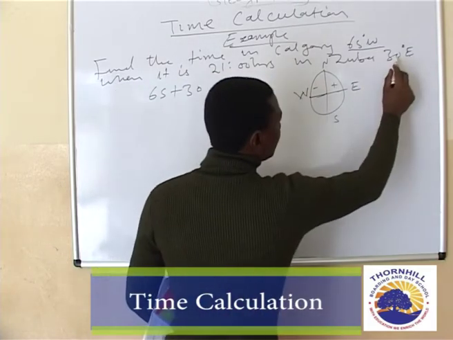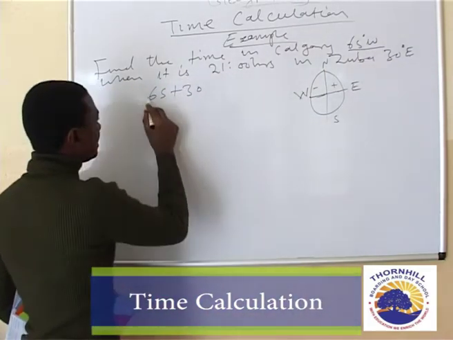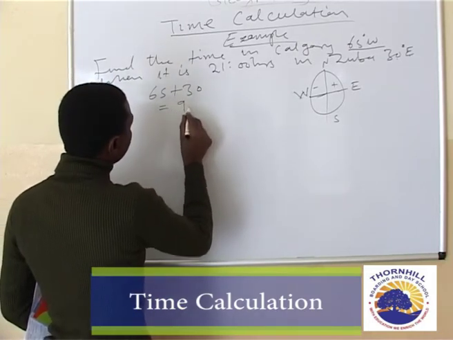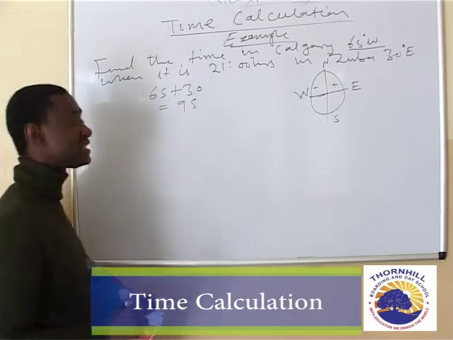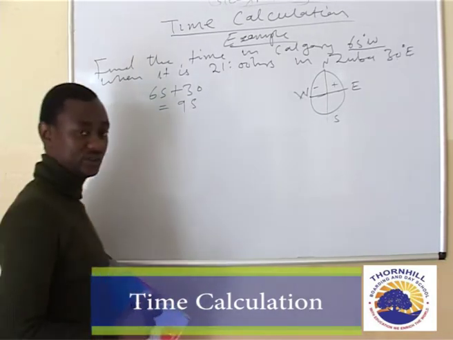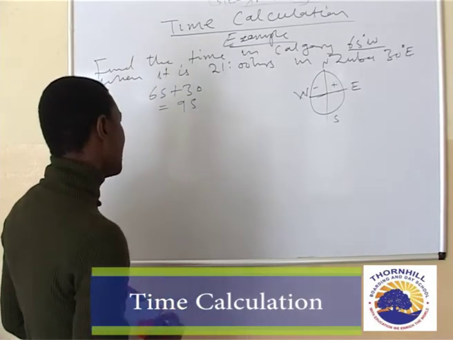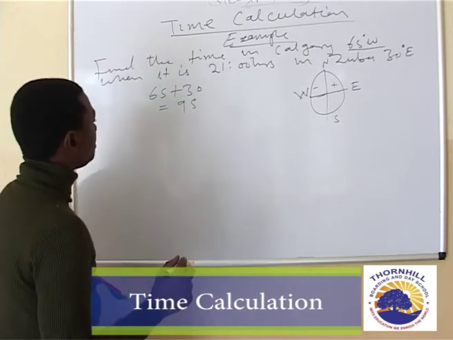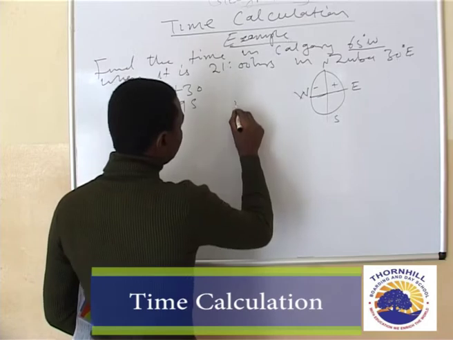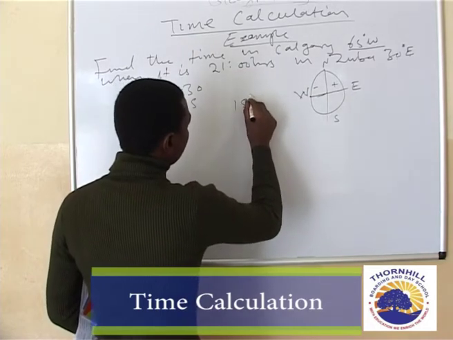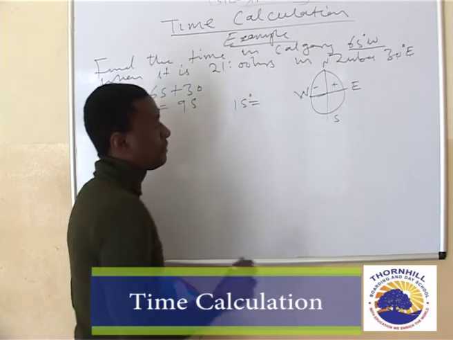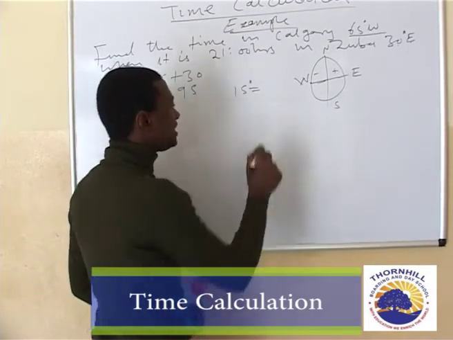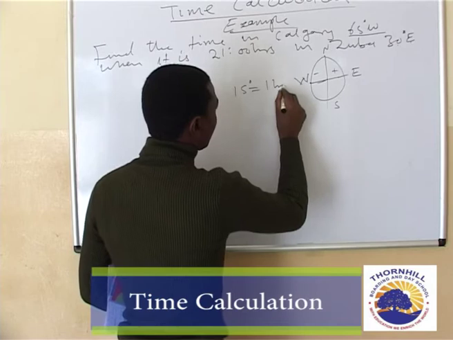Therefore, we add 30 plus 65, which gives us 95. This is the difference in longitude. Now, places that have a space of 15 degrees have a time difference of 1 hour.